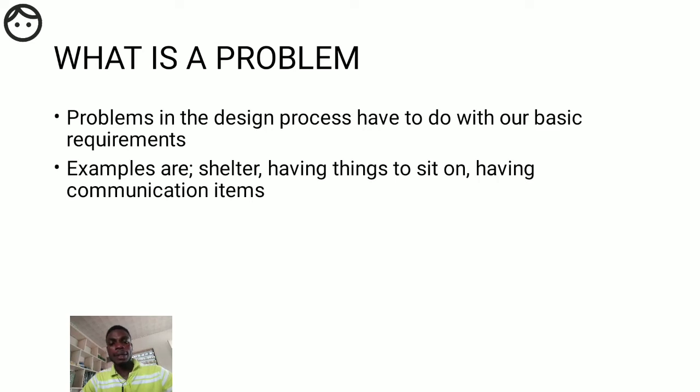Now, the problem. What is a problem? Problems in the design process have to do with our basic requirements. Requirements are what the artifact needs to solve. How does the artifact fit for use?